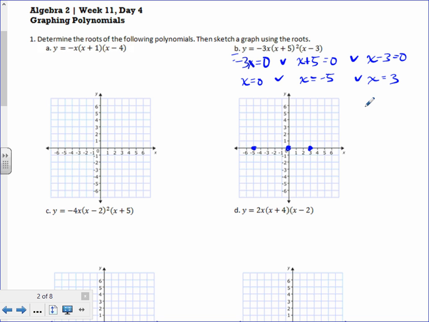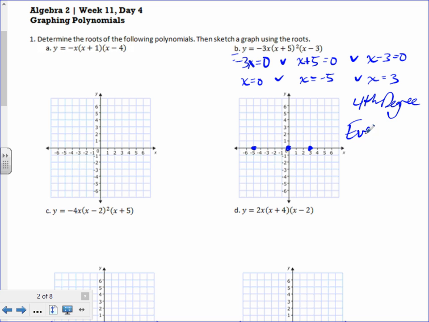Now we have to figure out what the end behavior would be. So, first of all, what's the degree of the polynomial? 1, 2, 3, 4. Good, I agree. 4th degree. Okay. Then, once we have the degree, we can move on to even, odd, positive, negative.